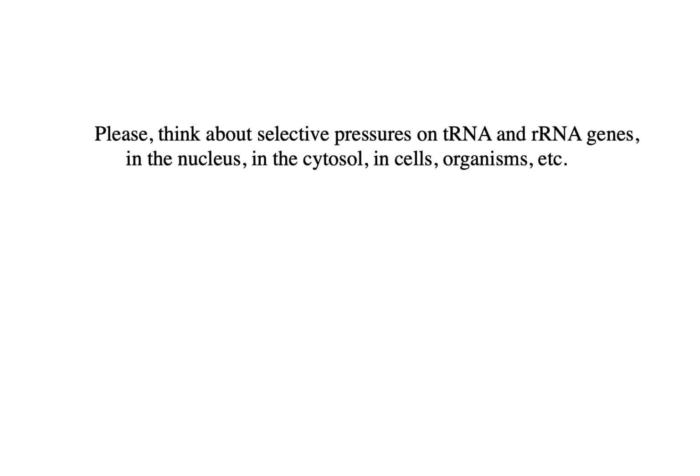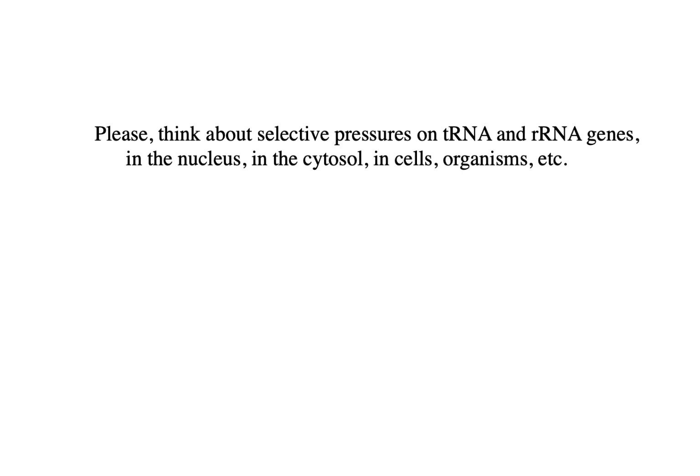So again, as I said, for ribosomal RNA genes, please think about the selective pressures on the different tRNAs, including in bacteria, where you essentially have one type of tRNA for each amino acid, and in eukaryotes, where you have multiple tRNAs for the same amino acid. And so there are some differences in selective pressures there.